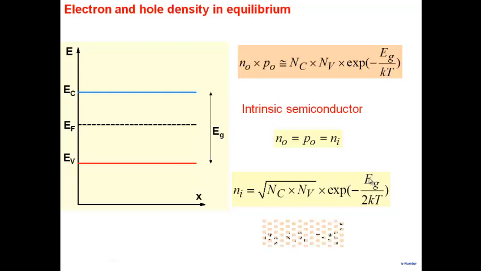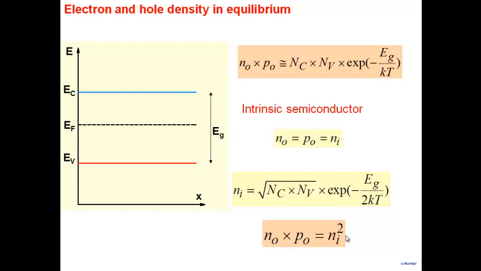Now, once you know Ni, the relationship N0 P0 I can write as Ni square, because this is a constant, and the constant is equal to Ni square. For an intrinsic semiconductor, N0 is equal to P0, both are Ni. But if you don't have an intrinsic semiconductor, N0 can be larger or P0 can be larger than Ni, but the product always has to be equal to Ni square.